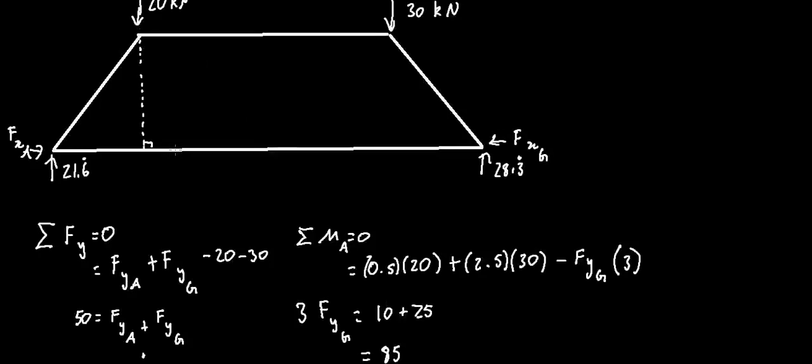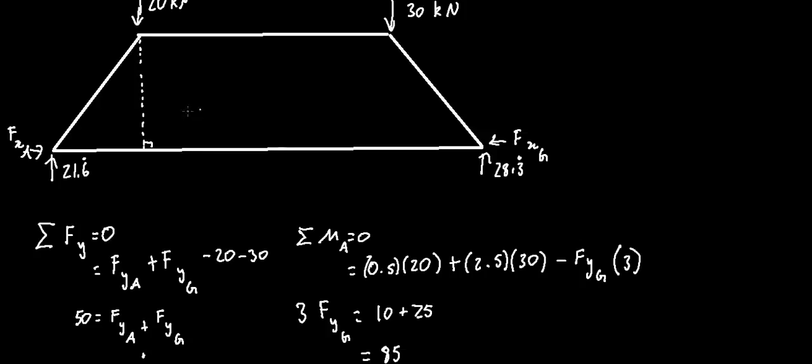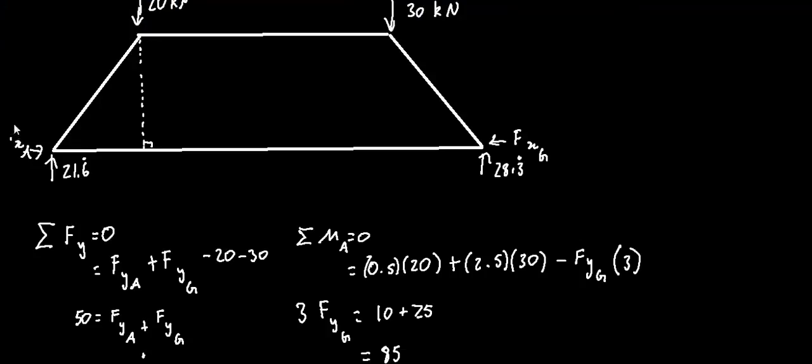And for Fxa and Fxg, there's no horizontal external force, so these values actually end up equaling 0. Because if there were a horizontal external force, then these would come into effect.